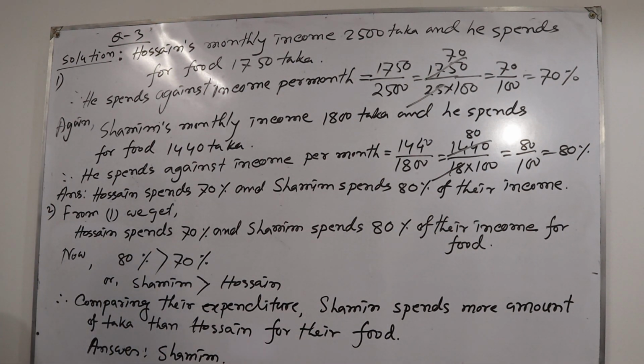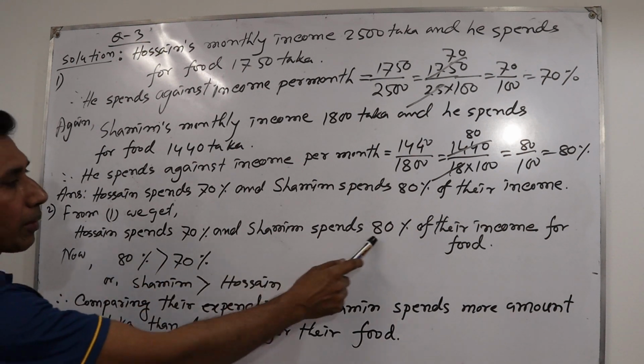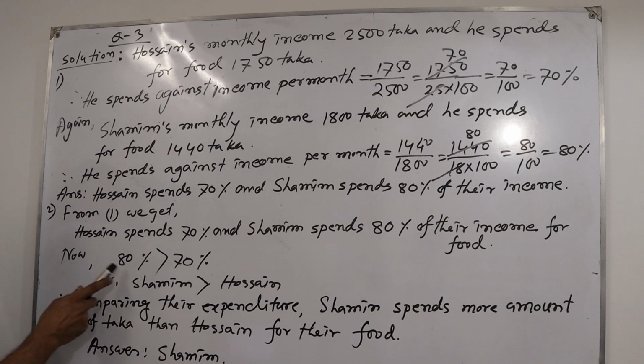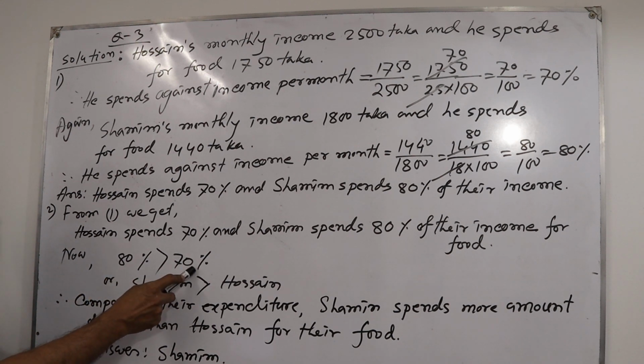Next question: who spent a greater portion on food? From the first part, we get that Hossain spent 70% and Shamim spent 80% of their income on food. Now 80% is greater than 70%.